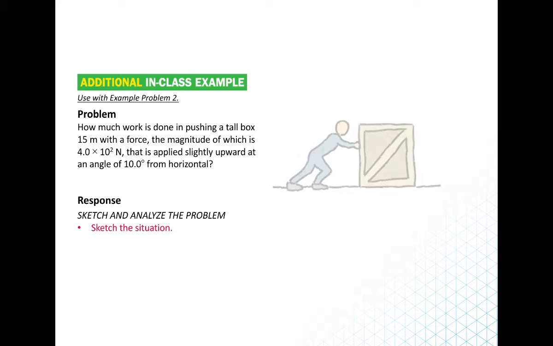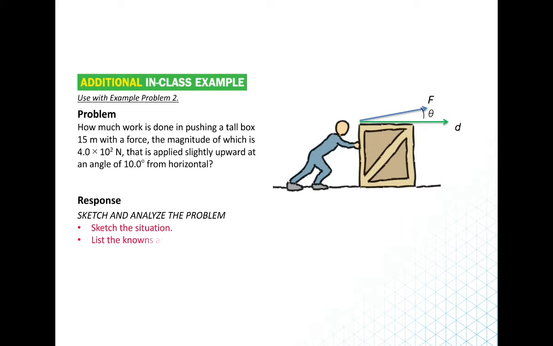In the beginning, we will write the known and the unknown for the question. And here we have the sketch for the problem. We have a man pushing the box. In the question, it says from horizontal, so the movement will be in this direction.